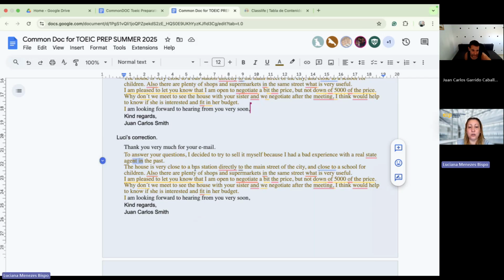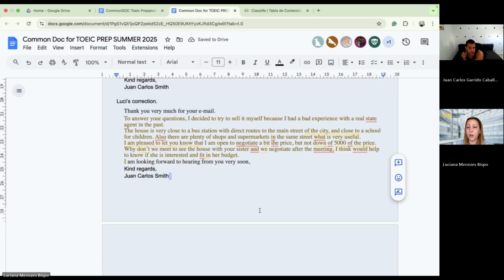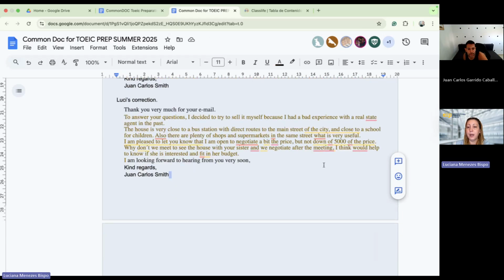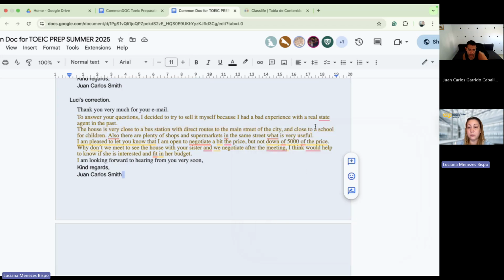The house is very close to a bus station with a bus directly to the main street. Direct routes to the main street, for example. Perfect. Of the city. And close to a school for children. This is not wrong. It's yellow, so it is not wrong.